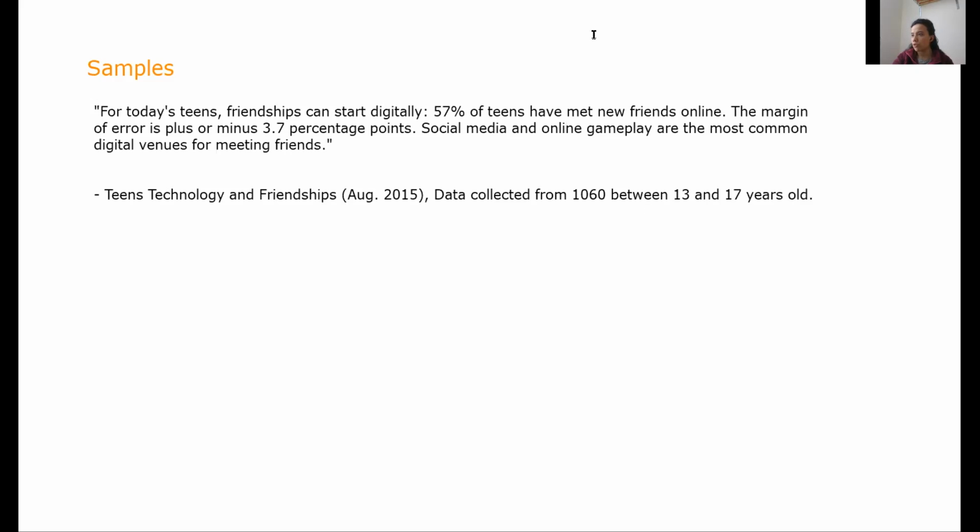So I'm going to ask you a couple of questions, and as you've been doing, which I really appreciate, you can just answer into the mic and then we can discuss, and if there's a lot of people talking, we'll take turns, but for now, just answer the question. So the first thing I want to ask is, the report says that 57% of the teens have met new friends online, right?